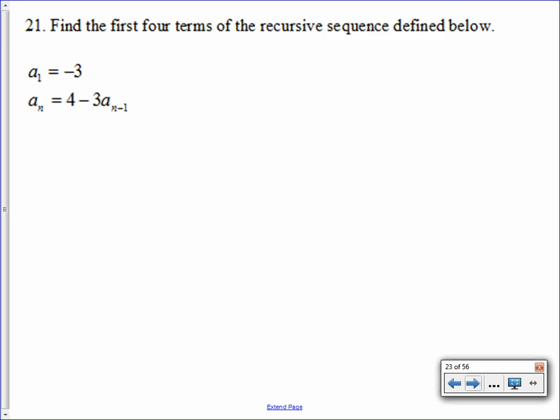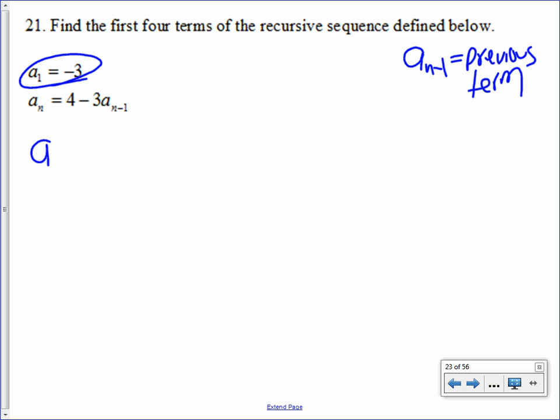What do we got next? Ooh, recursive. Remember, a sub n minus 1 means the previous term. So if they give me the first term, all I can find right now is the second term. Again, if I'm finding the second term, n minus 1 would be 1, or the first term.